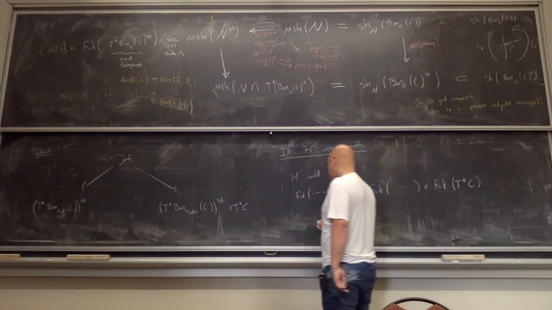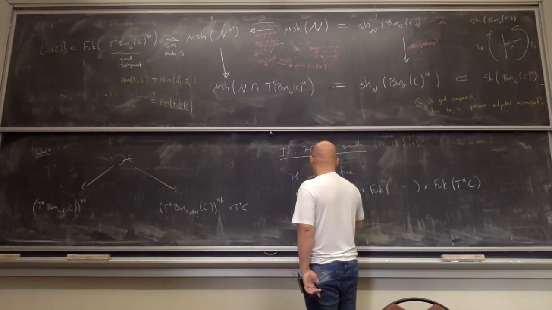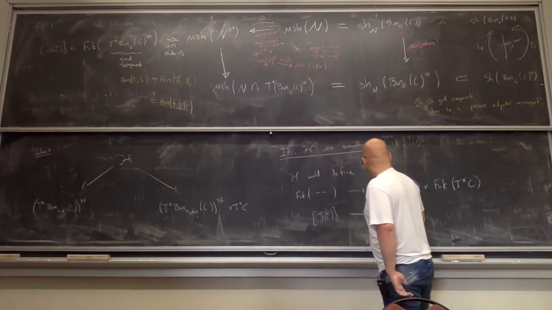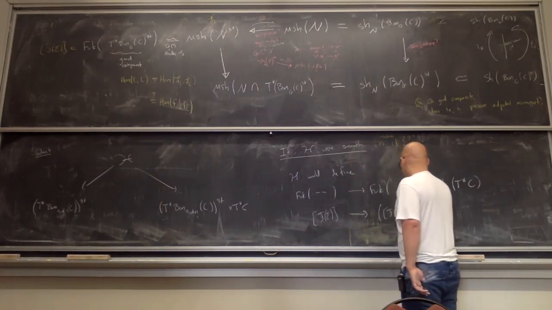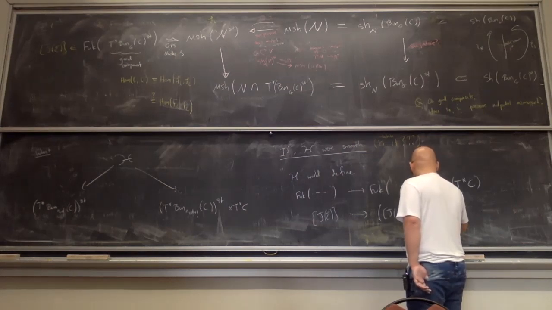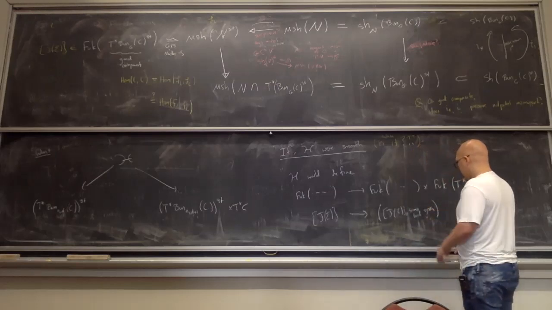And it would have the property that the class of J of sigma, this Lagrangian, would go to J of sigma, possibly carrying some local system. This is not even correct.